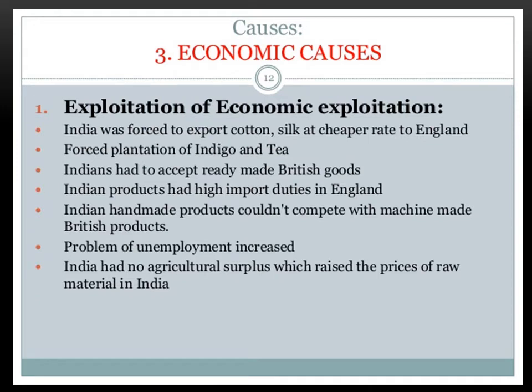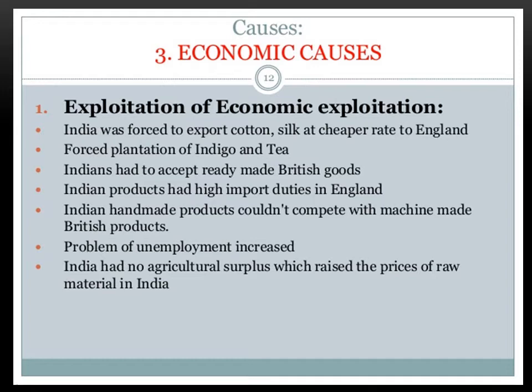India was forced to export cotton and silk at a cheaper rate to England, and was forced to plant indigo and tea. Indians had to accept ready-made British clothes or British goods. Indians' products had high import duties in England. Indian handmade products could not compete with the machine-made British products, and the problem of unemployment increased.